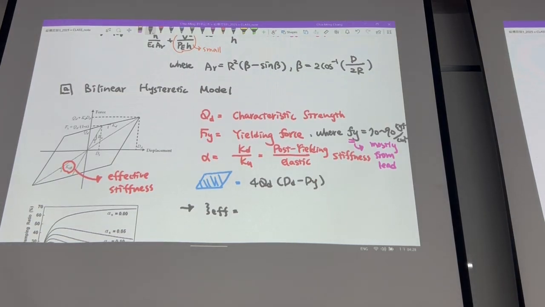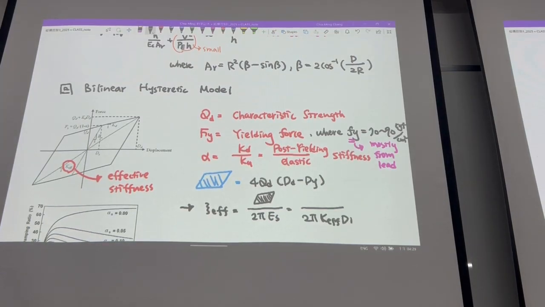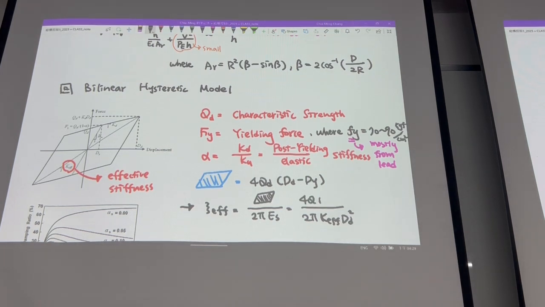Okay? Then when you calculate that effective damping, you use the energy dissipated by this one cycle, the area, divided by 2 pi times ES. For QD.